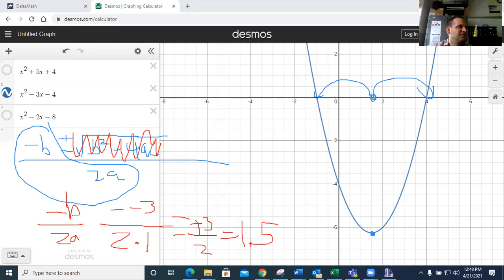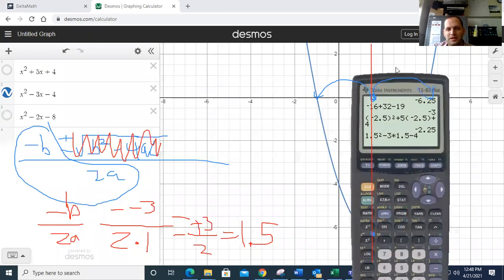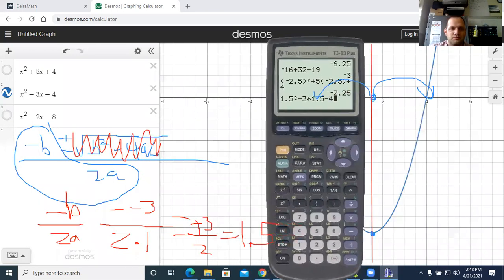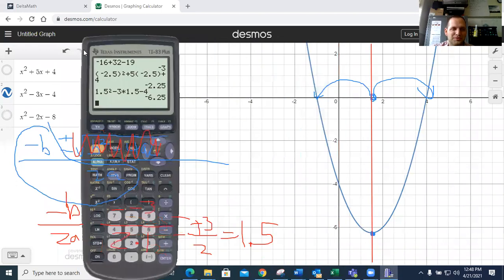So the axis of symmetry for this equation is, sure enough, that faint line right there that I now have highlighted in red. Cool, but what is the y value? What is the lowest point? Well, I type the whole equation into my calculator, and instead of using x, I use 1.5. I get negative 6.25.